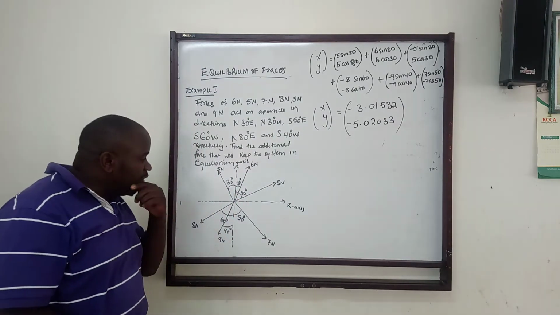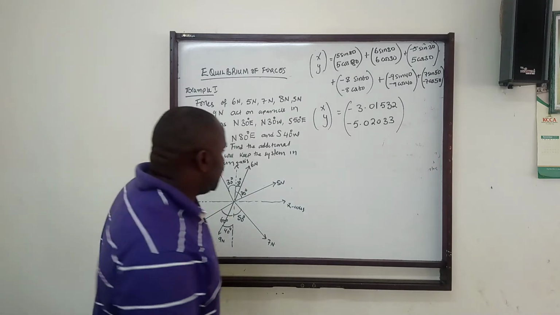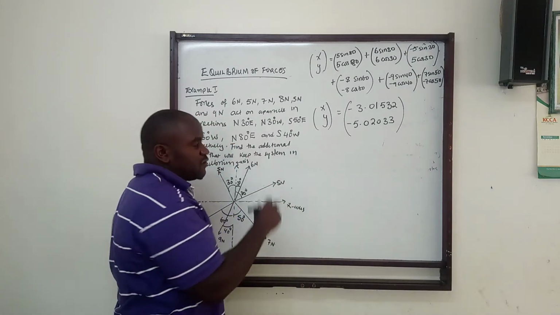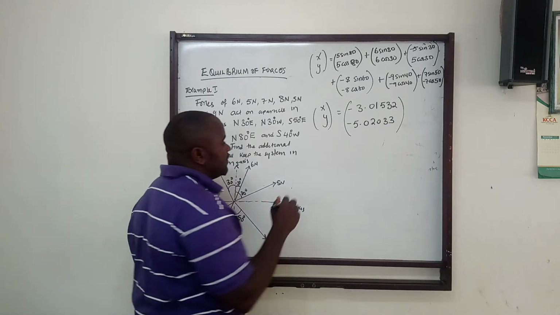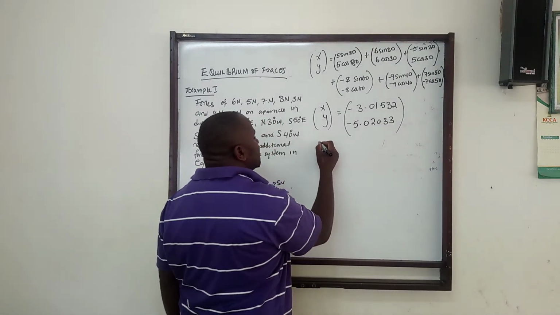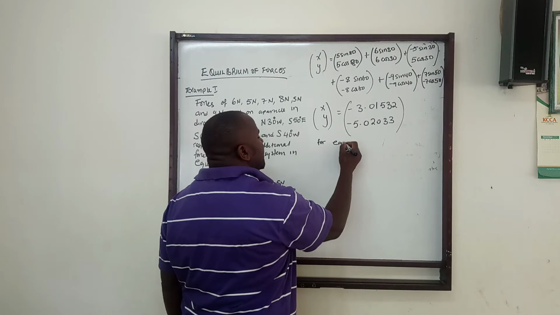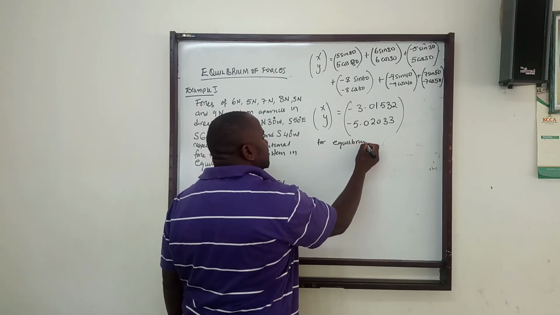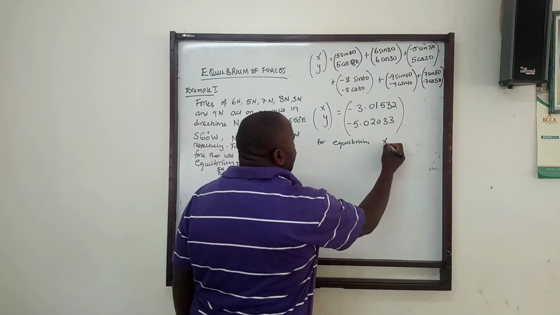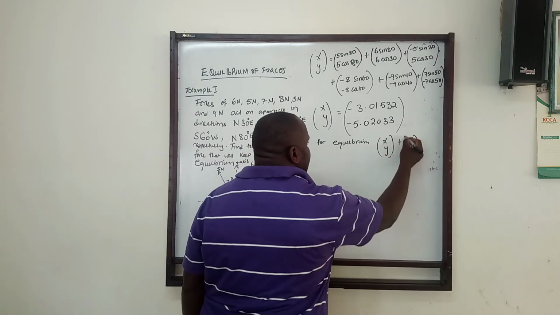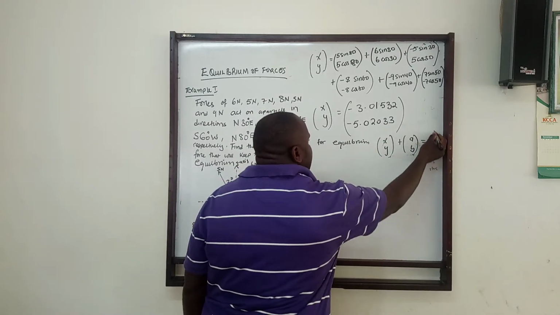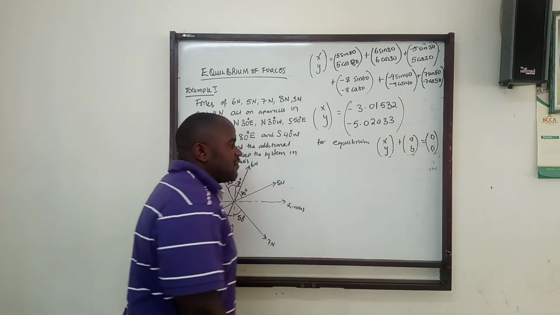They're asking us to get an additional force which makes them become in equilibrium. So for equilibrium, xy has to be added to another vector AB to give us 0, 0 as the resultant force.